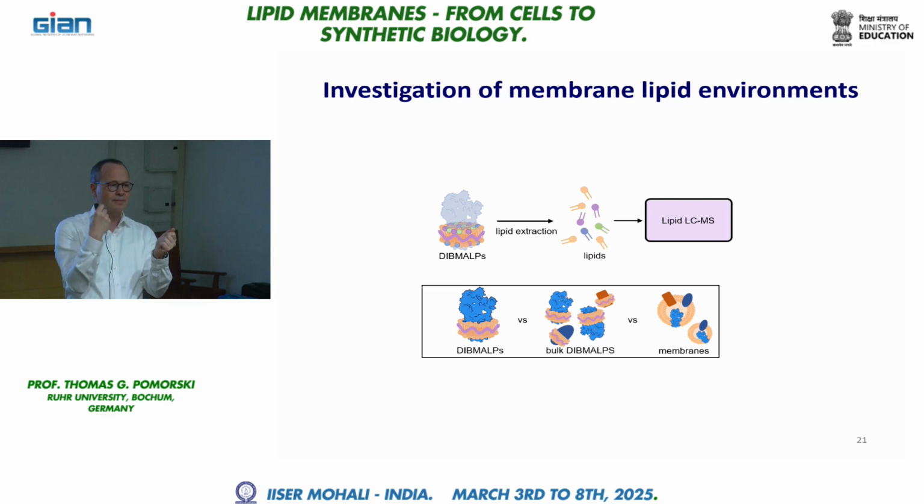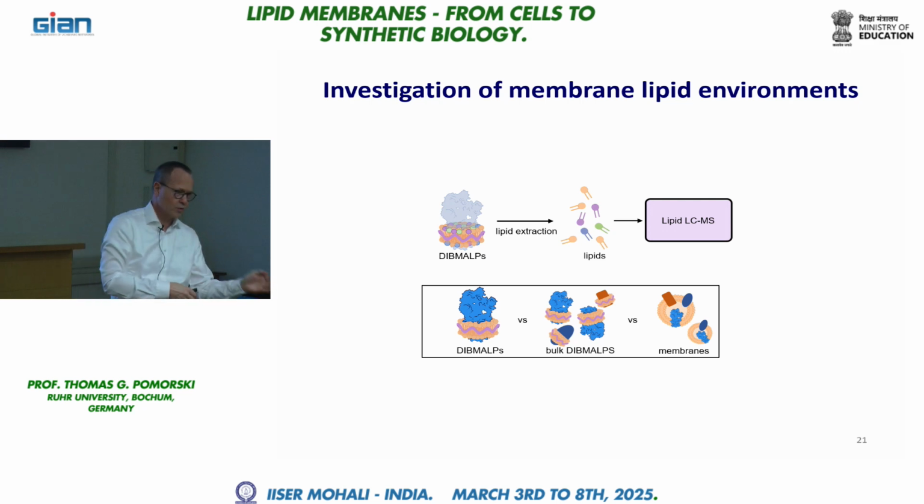Because only the mass, it's for instance difficult to say on which position is the fatty acid. It's not so easy. So you get only an overall fatty acid composition, but you cannot tell whether this particular fatty acid was on the first position or on the second position. This information isn't there. But that's often also for biologists not necessary because you are more interested in the overall type of lipid. So what is the head group of this lipid?